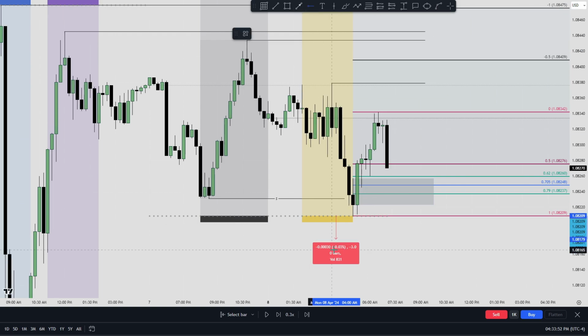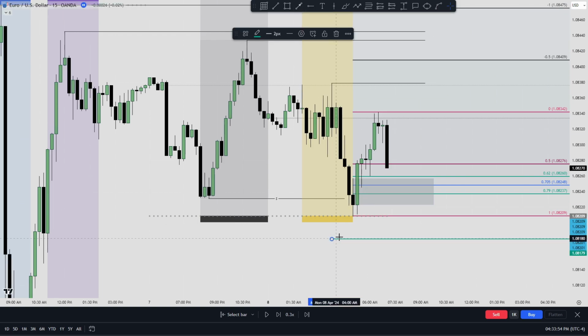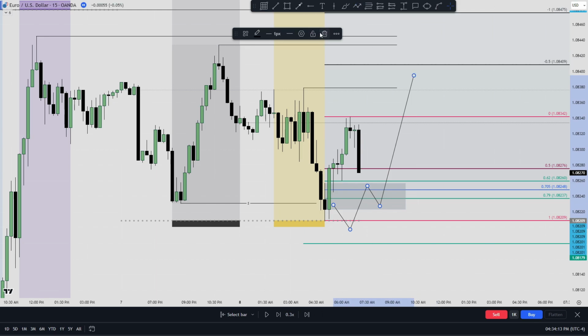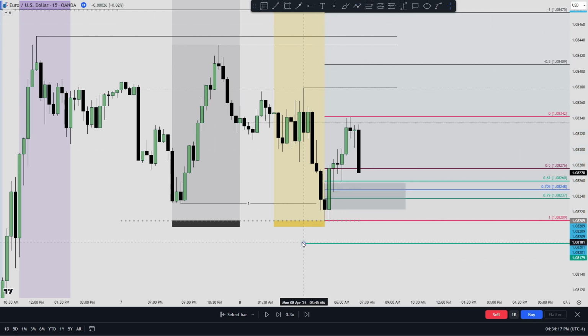So 3 points or 3 pips here would give me 1.08179. So this is where my stop loss would be, below the low, because what can happen is maybe New York session could take out this low and then see that push to the upside. So to be confident in this trade idea, just put your stop loss 3 to 5 points below, whichever you are comfortable with risking.